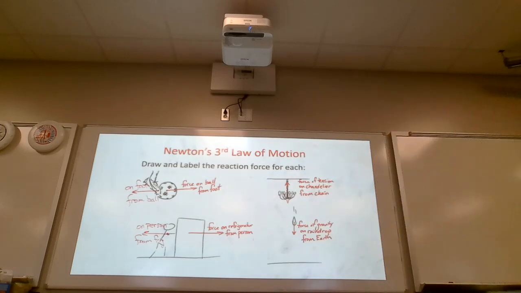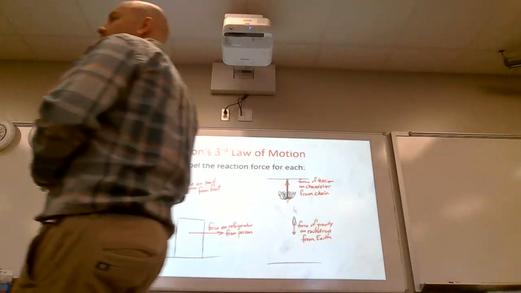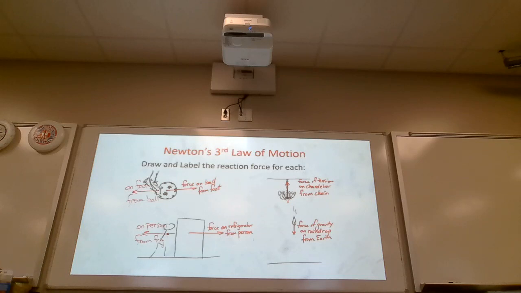Okay. This last one's really weird. So, a raindrop, free body diagram, force of gravity. We're good with that. But what object causes gravity? What object is responsible for creating that force? Okay, something that we really haven't talked about.